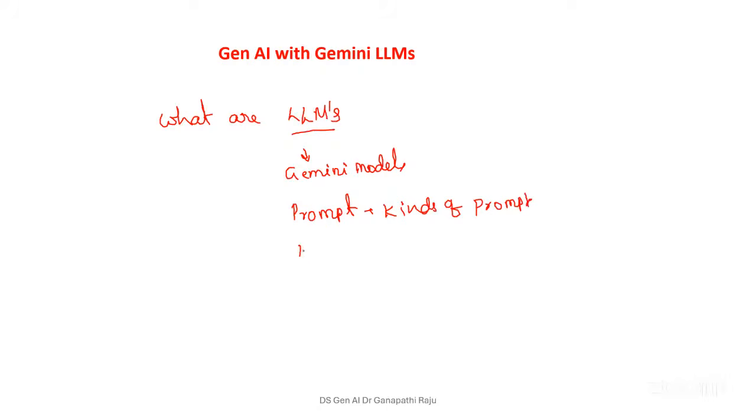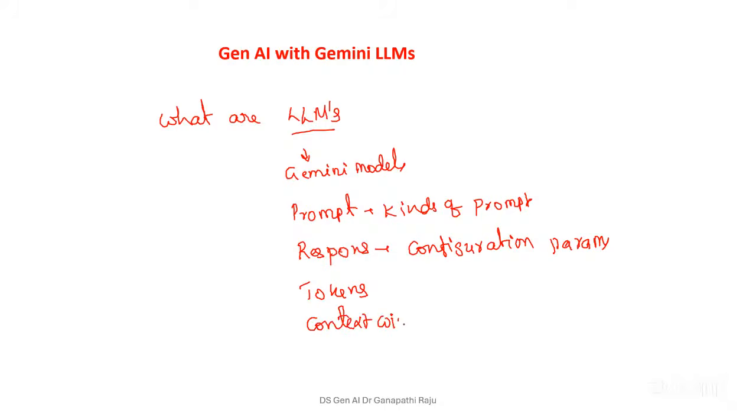Then how to get a response from the LLM. Then configuration parameters with the LLM. Then we discussed the use of tokens and what a context window is. Then we discussed one program on how to work with notepad documents and one program on how to work with PDF documents. Okay, this is what we discussed in yesterday's class.